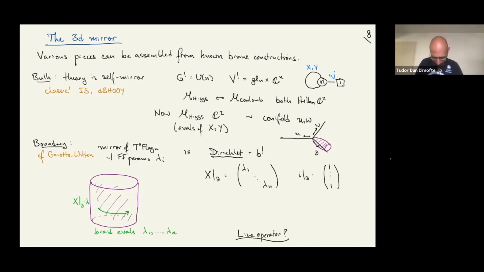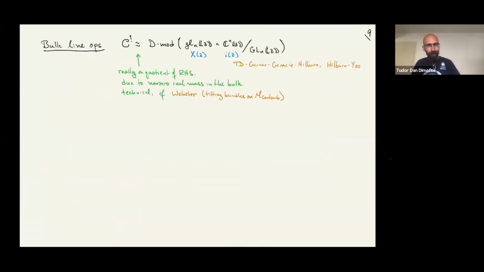And to say what it is, I need to say things in categorical terms. And so I should tell you a bit about the category of bulk line operators in the A-twist, which, the way I've written it here, looks maybe horrendous.